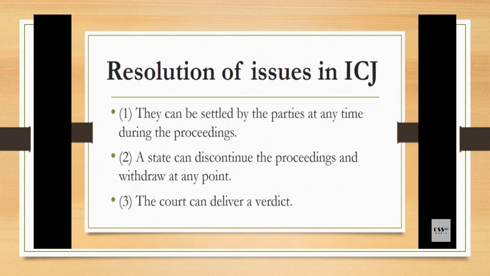Then the court can deliver a verdict, as the matter would be resolved. So the court will deliver a verdict, and that verdict will be considered an official verdict. A verdict is basically a decision, a detailed decision by the court.